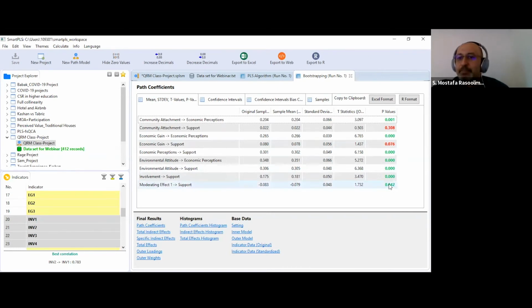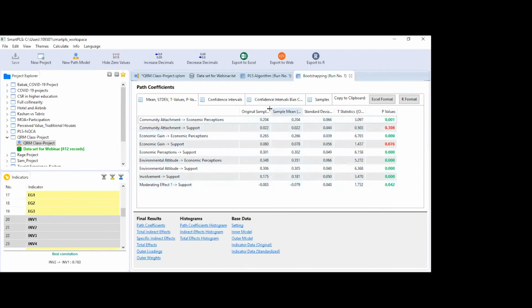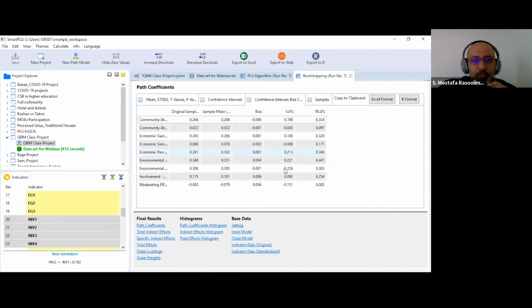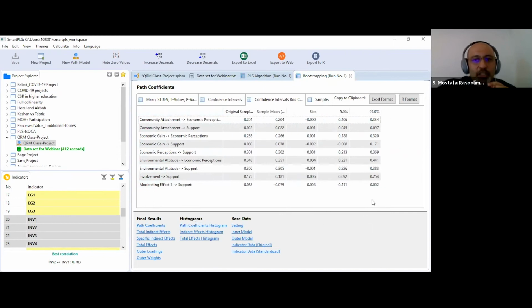Here you can see the p-value is significant, because this p-value is a one-tail p-value. One-tail p-value, and a t-value higher than 1.64 is significant, right? If we go to the confidence interval, bias corrected, based on the confidence interval it is not significant. It's very, very close to 0.